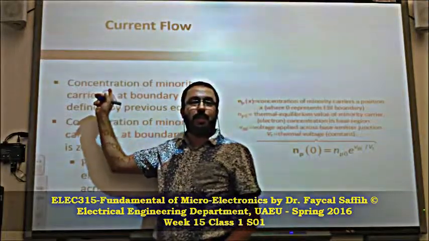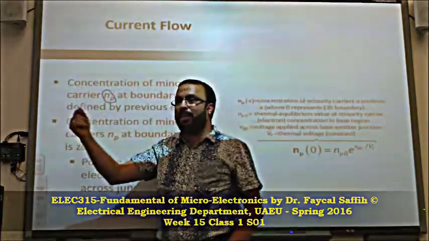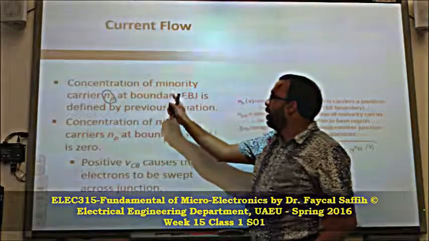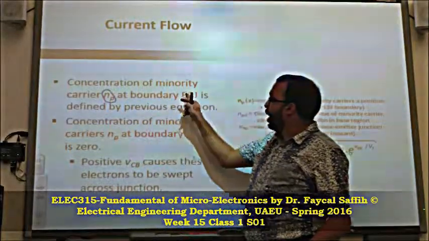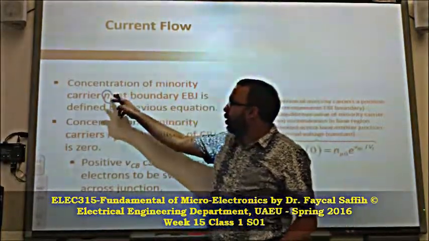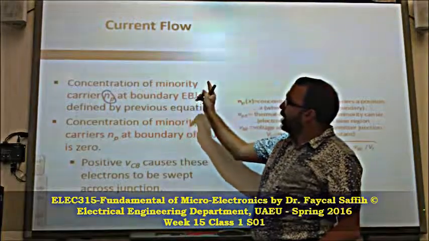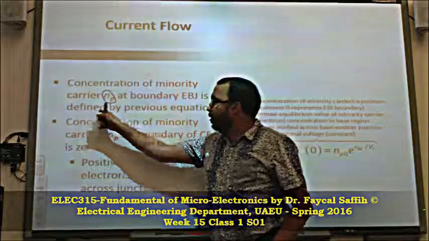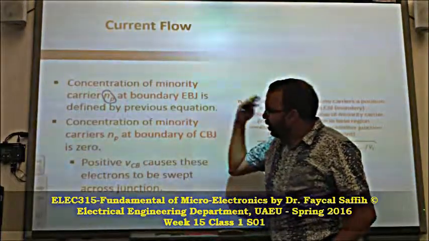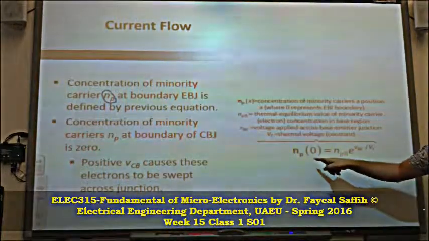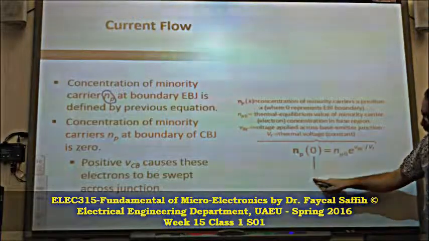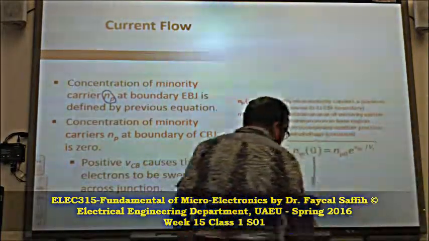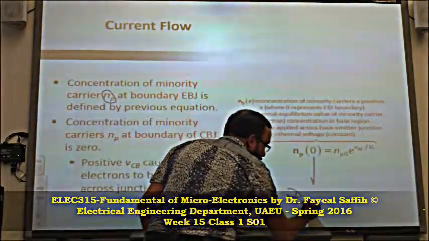Where are they minority? In the base, right? So we are talking about the boundary of the emitter-base junction, and the boundary means just after the depletion region. This is defined by the previous equation that we studied before. Here, NP0 means at the boundary.